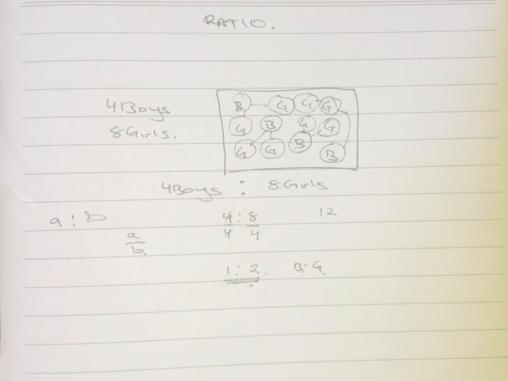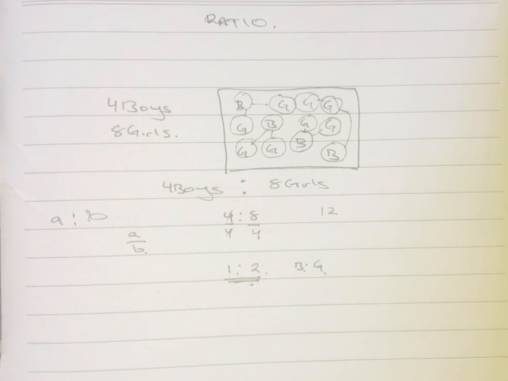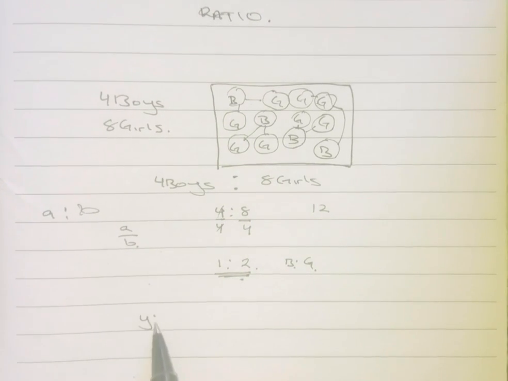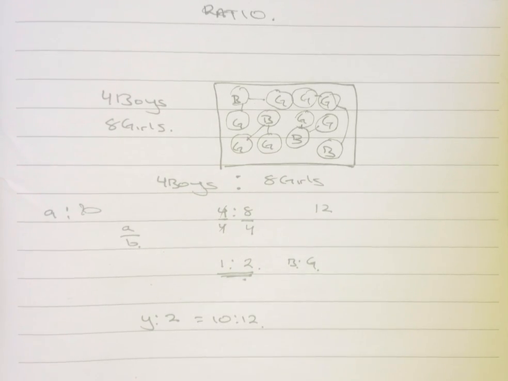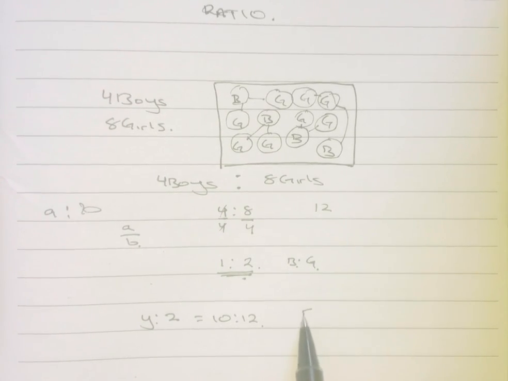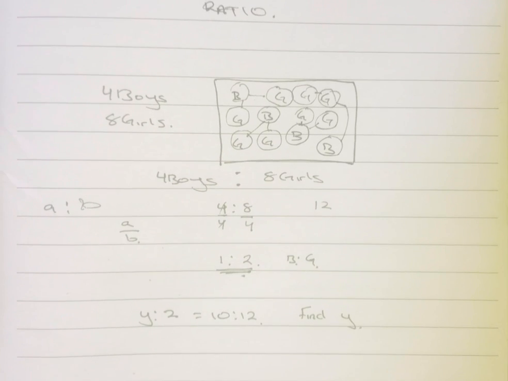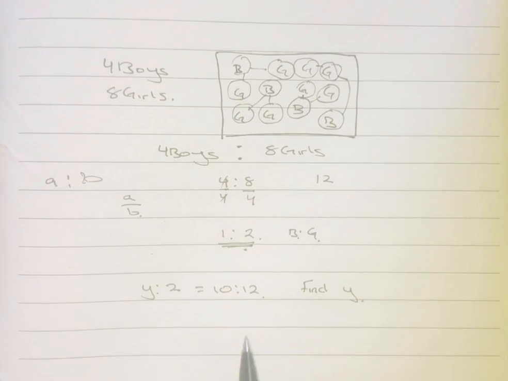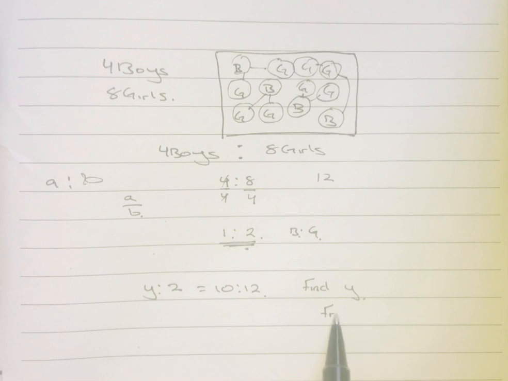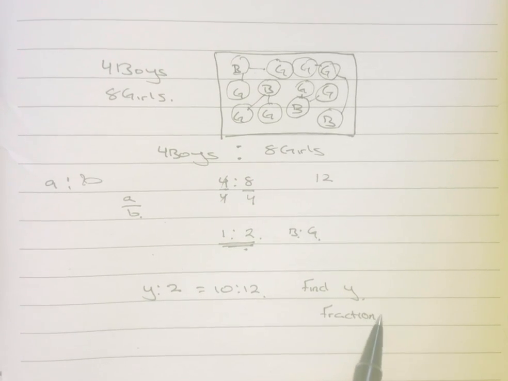So when we are calculating ratios, let's say you have something like y ratio 2 is equal to 10 ratio 12, and you're being told to look for y. Because you know that ratios are the same as fractions, you convert them into fractions.